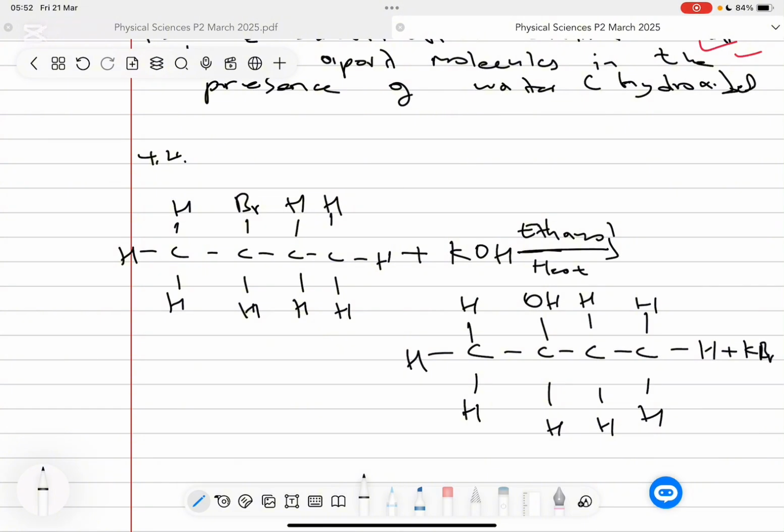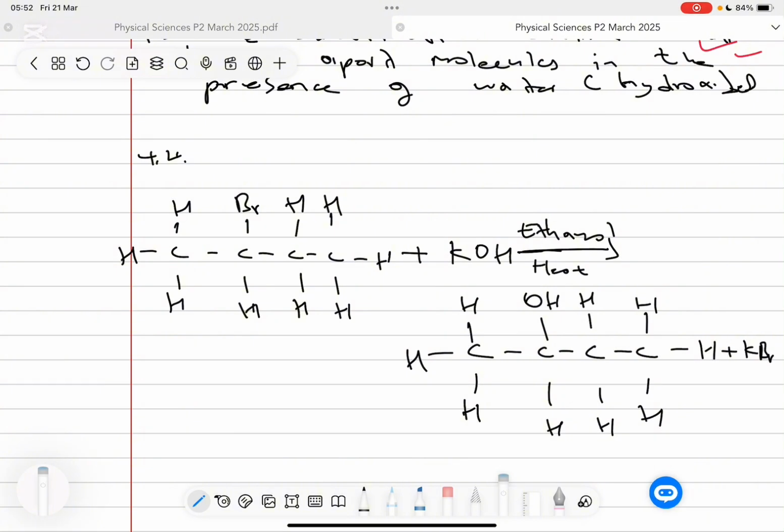And those are very, very important elements in this reaction. Always when we do a hydrolysis reaction, we include those. We don't just put the potassium hydroxide, but we put a little bit of ethanol and we put this on a Bunsen burner. We heat the reaction and we will be able to form an alcohol molecule and the potassium bromide.